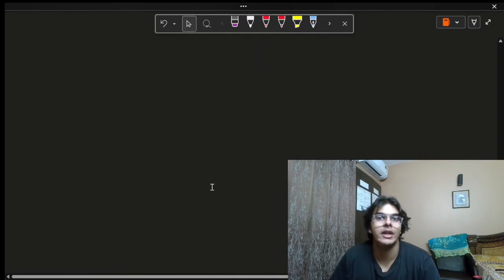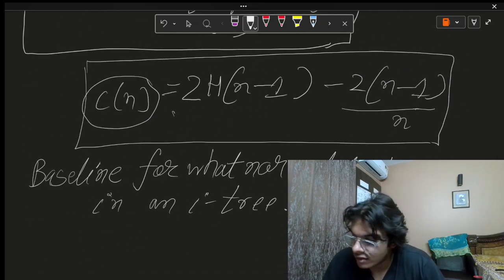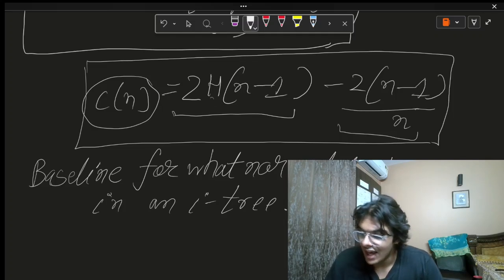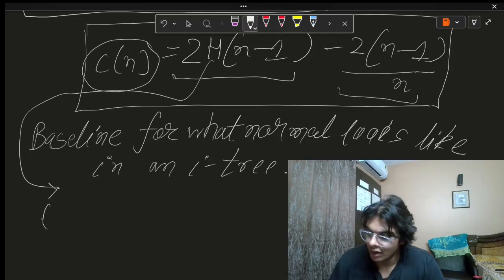That is the intuition right here. Now, what does this result mean? We need to have some interpretation of this result as well. So this H here stands for the harmonic series. The harmonic series for any value I increases like this.